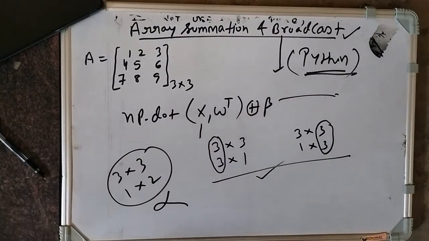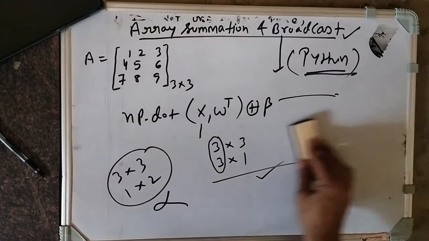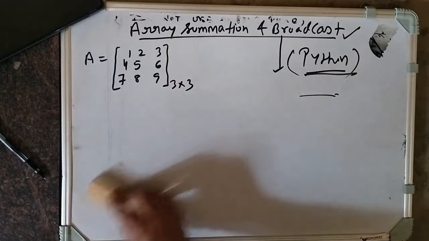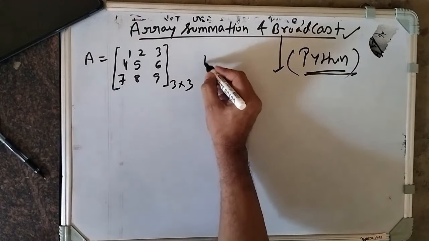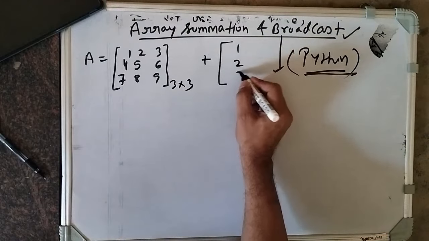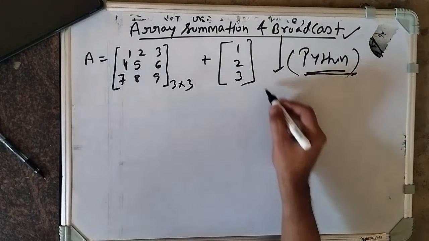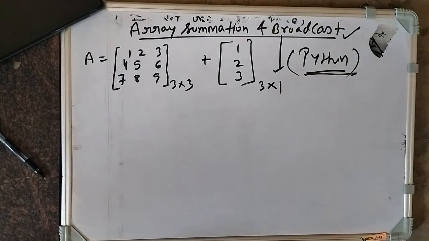Now what is the meaning of broadcasting rule? I will show. Suppose you have this same matrix, and I want to add this bias 1 2 3 here, which is 3 row 1 column. How to add?